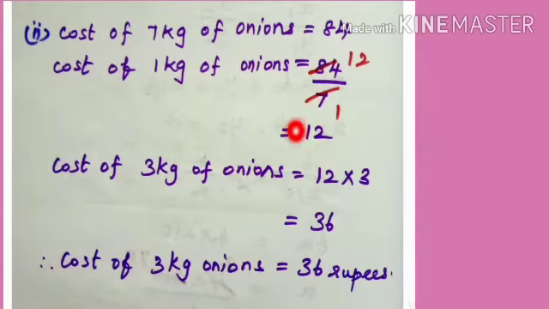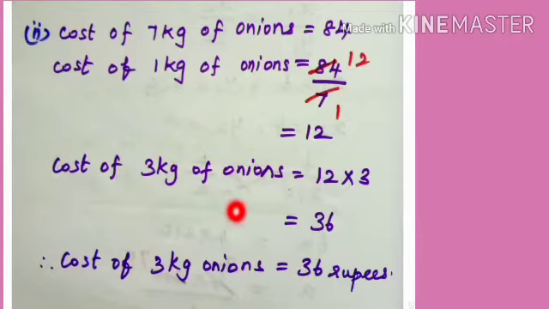And by using this value, we have to find the cost of the required quantity, which is the cost of 3 kg of onions. By multiplying, we can get the cost of 3 kg of onions. The cost of 1 kg of onion is 12 rupees. Then what will be the cost of 3 kg of onions?